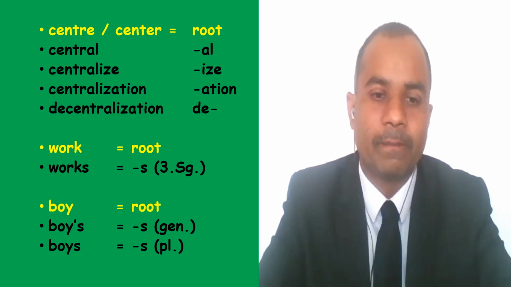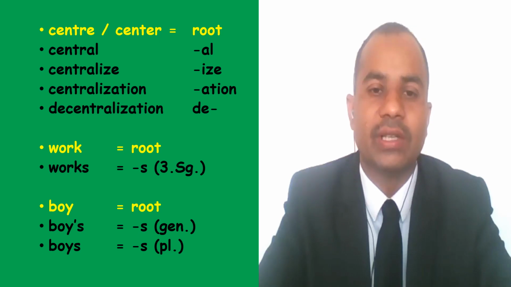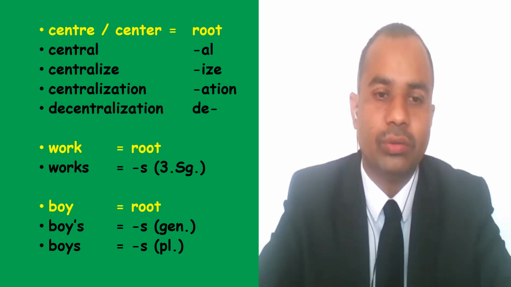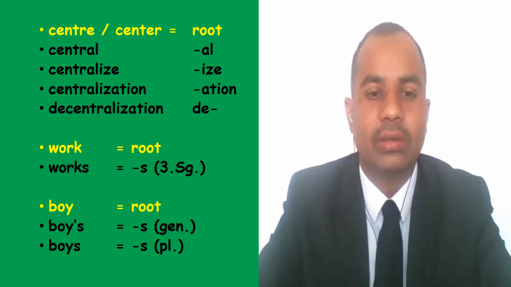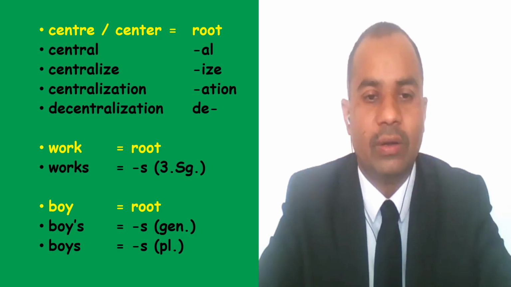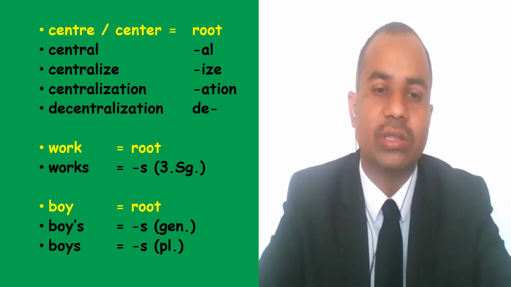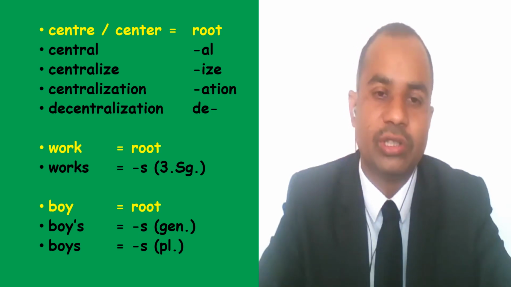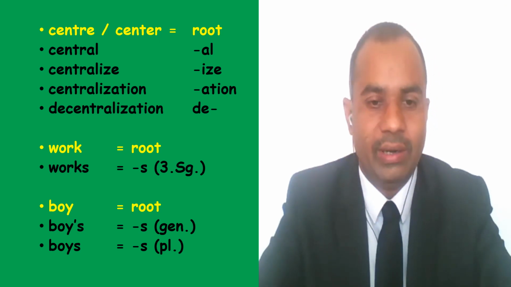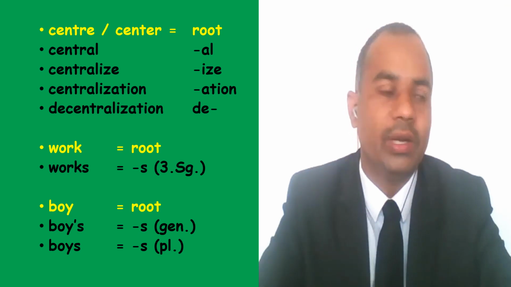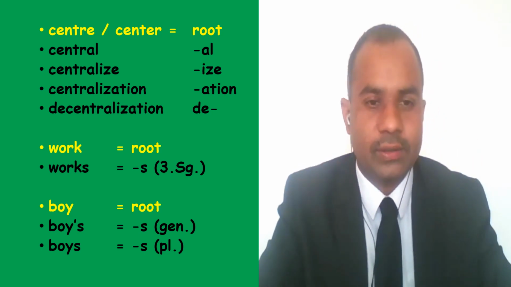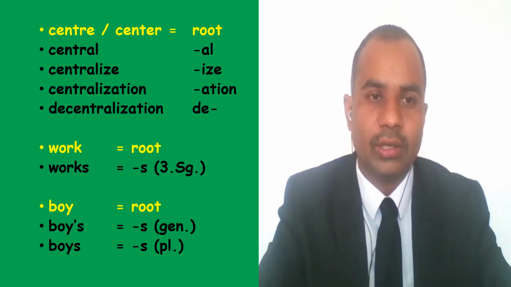So we are adding s as a suffix, an inflection, and you have to keep in mind that in three different situations, in third person singular present we add s, to make a plural we add s, and for genitive we add 's. So three times we can use s.